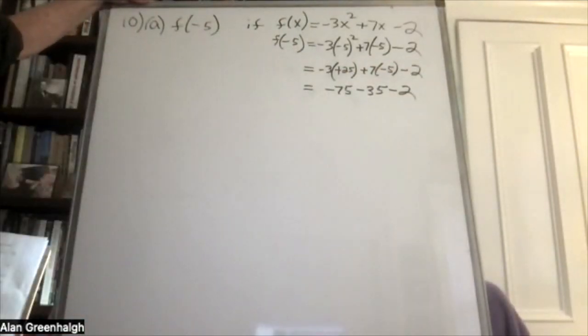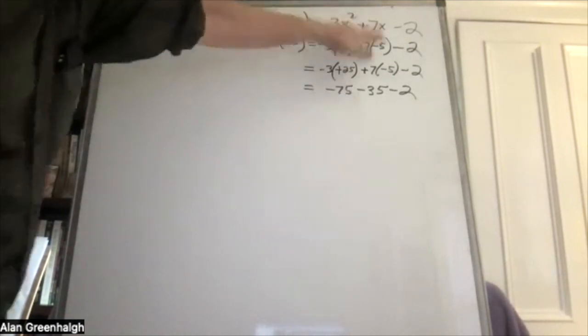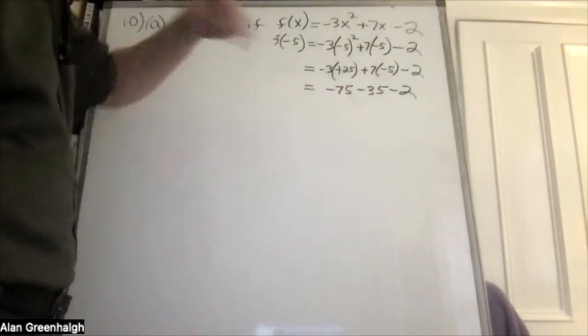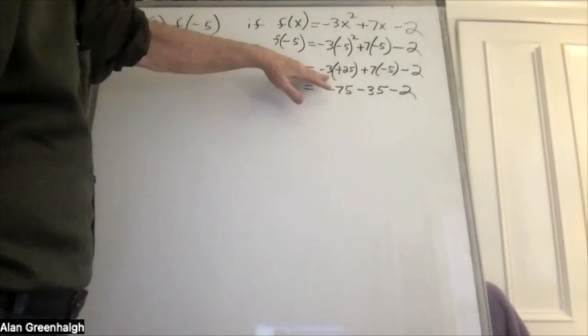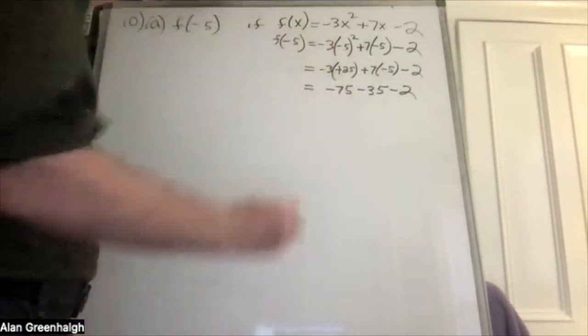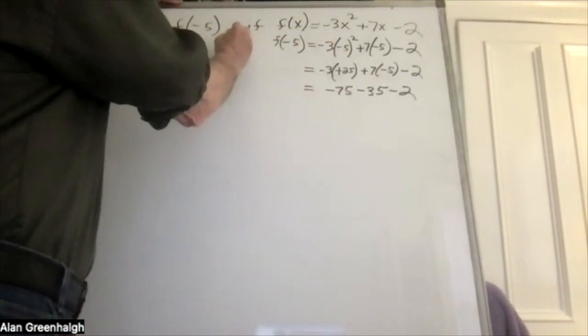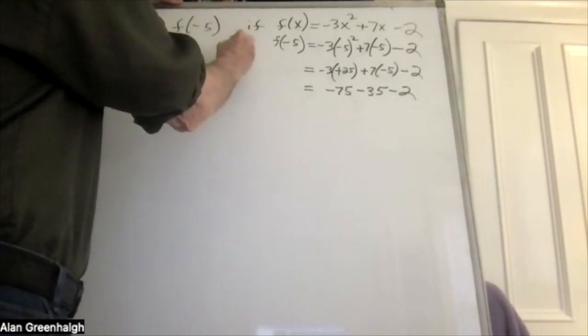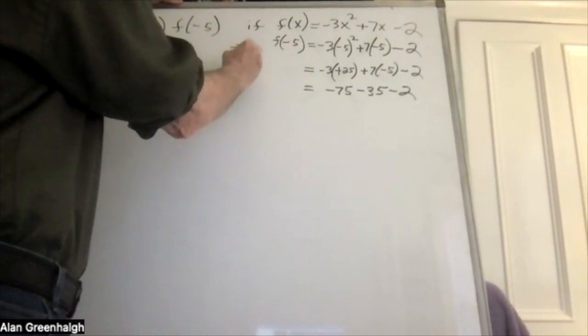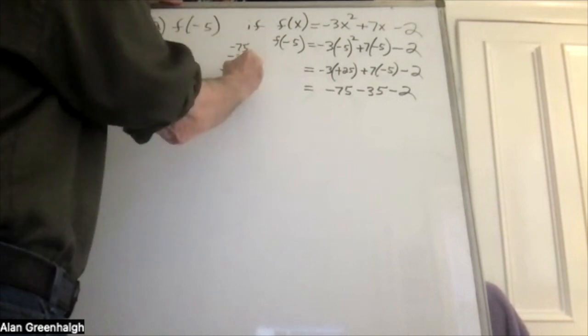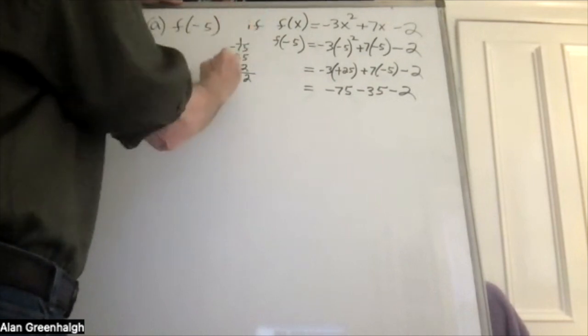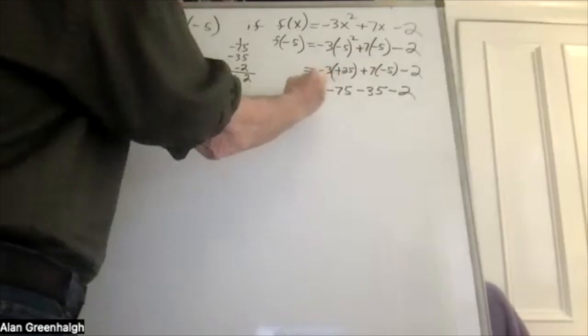And since they're all negative, we just have to add up all of these three. -75, -35, and -2. Add them all up. -112.